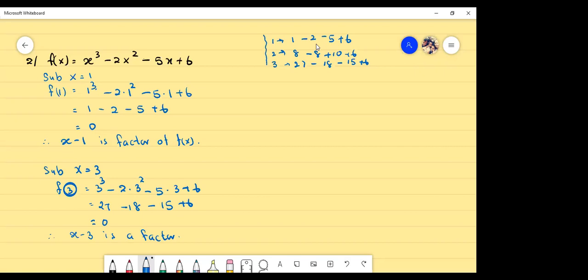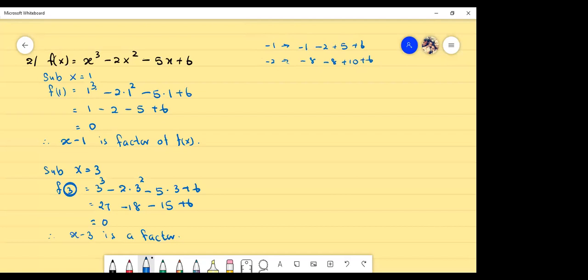Now, we substitute minus 1. Minus 1 cubed minus 2 plus 5 plus 6, minus 2, minus 8 plus 10 plus 6.